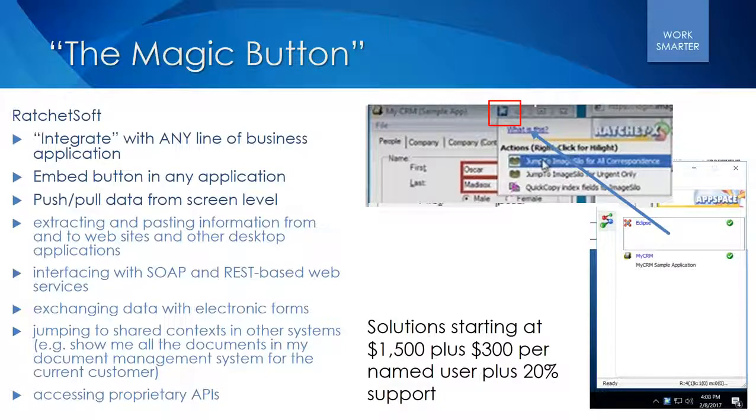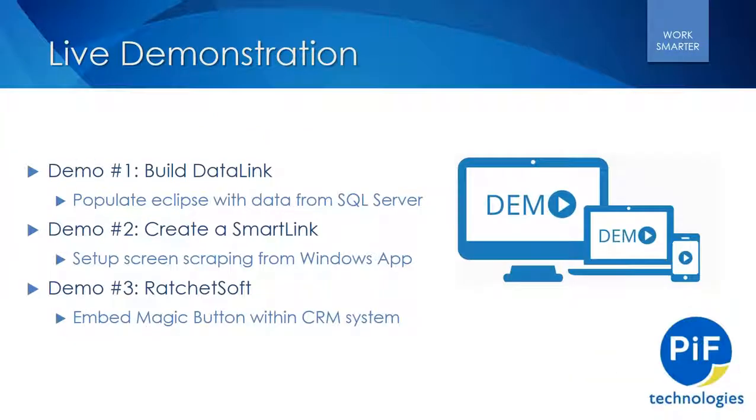It allows for pushing and pulling, or what we call jump to, which allows you to pop open documents that meet a certain criteria. It's pretty low cost, and there is an action pack specifically designed for DocStar, in this case Eclipse.